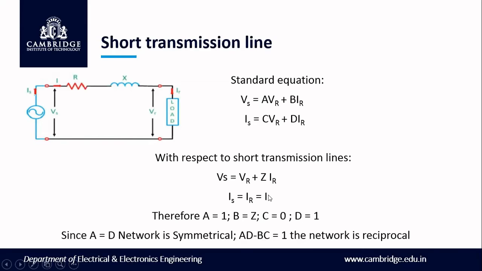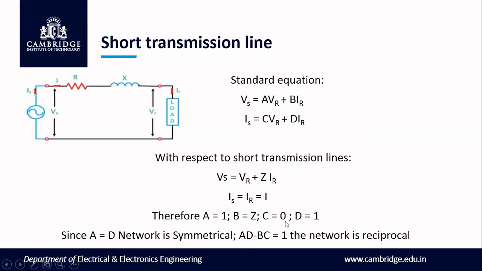Then D is equal to 1. The coefficient of D is equal to 1 in case of this line, that is the current expression, because Is is equal to IR is equal to I. That is why the coefficient of IR is 1, which is equal to D.